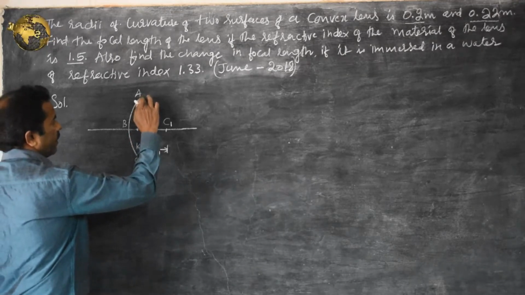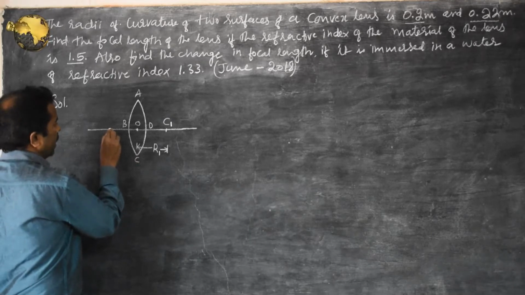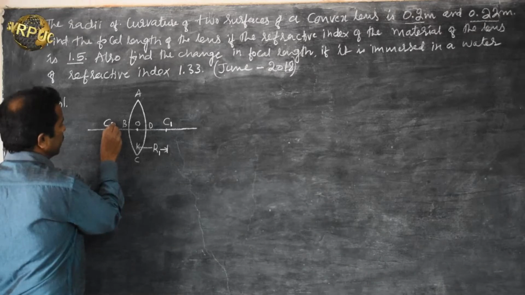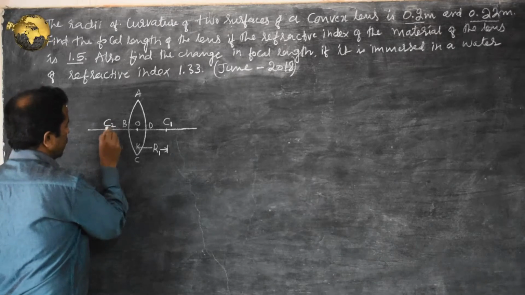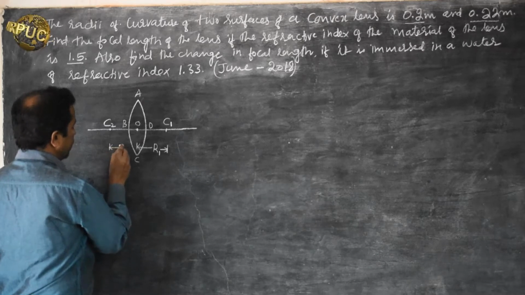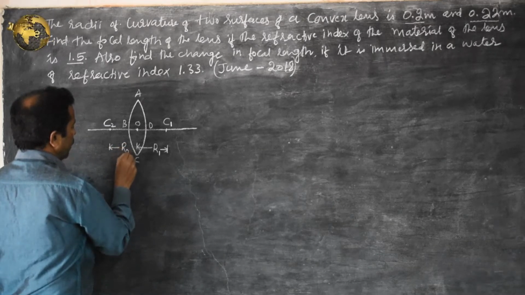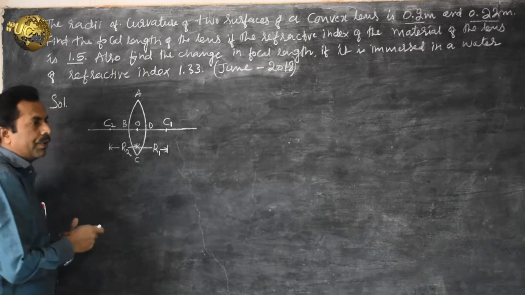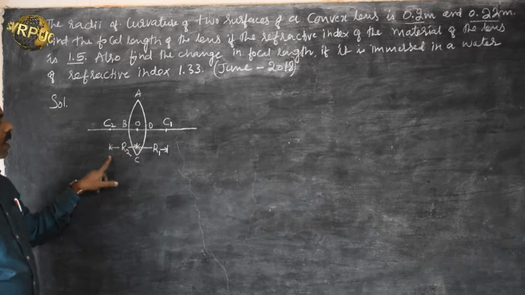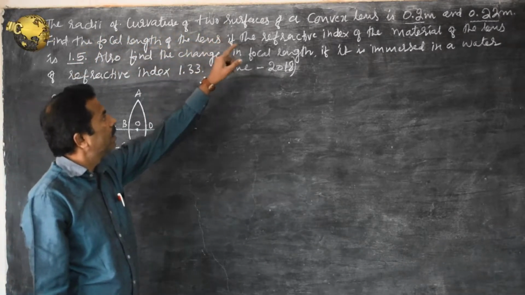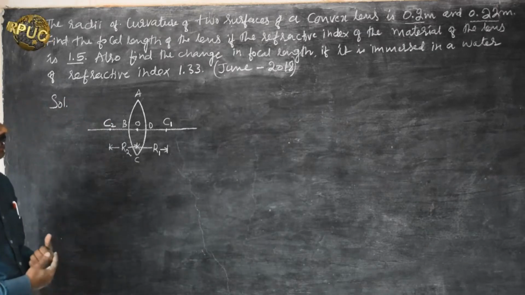Similarly, for the second surface, the center of curvature is C2, and the distance from the optical center to the center of curvature will be taken as the radius of curvature R2. Here R1 and R2 are the radii of curvature of the two surfaces of the convex lens.